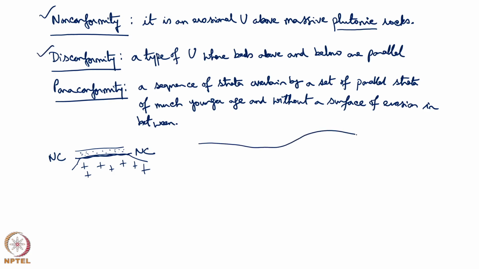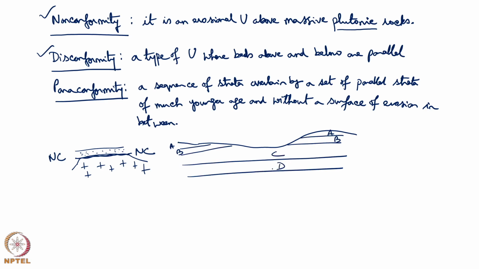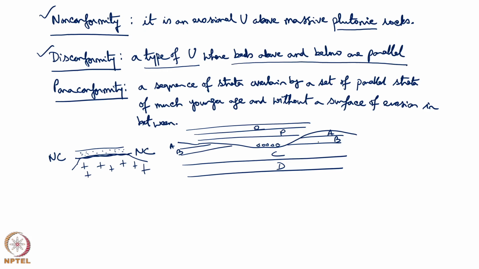Here this is the erosional surface, and imagine that there are some horizontal layers, and then in these depressions maybe some conglomeratic clasts are there, and over that horizontal sedimentation has taken place, P and Q. So, as we see, as per the definition, it is a type of unconformity where beds above and below are parallel.